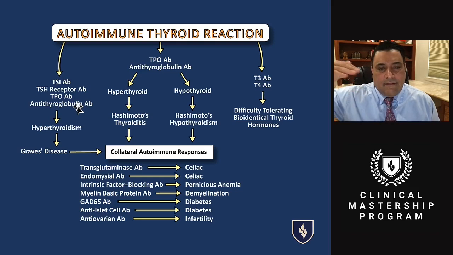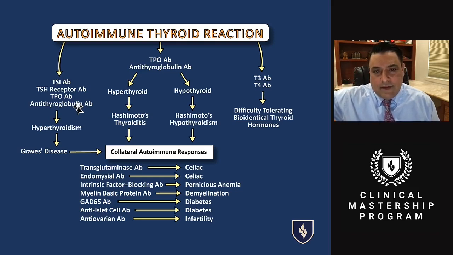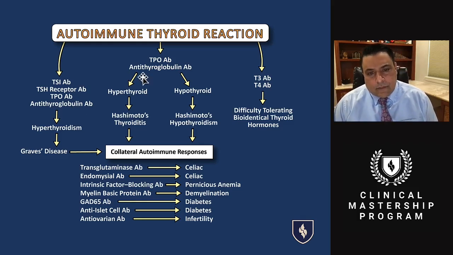And if the thyroid stimulating receptor antibodies or TSI antibodies are normal, then it's a greater probability that it's Hashimoto's. Now, when you look at hyperthyroid Hashimoto's, you'll have the same antibodies, and in this case, you'll have the TSH levels low and the T4 and T3 high. So the main difference between Hashimoto's and Graves could just be the elevation of TSI antibodies and TSH receptor antibodies.